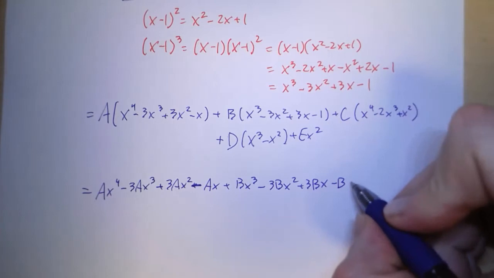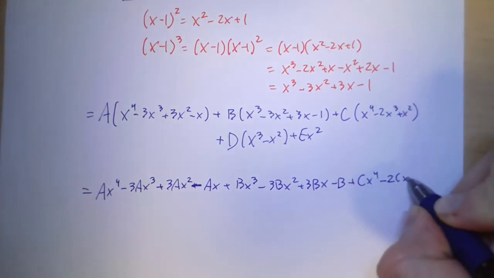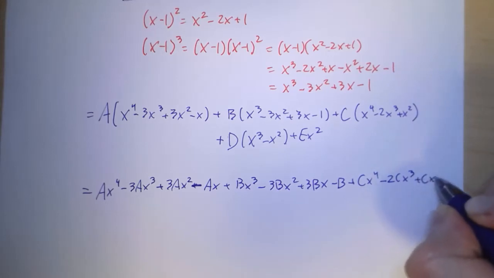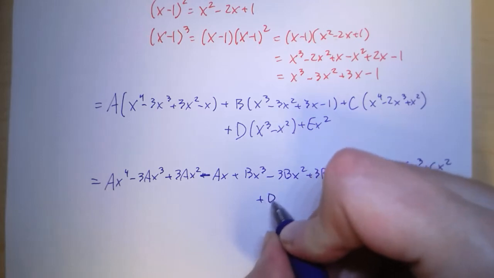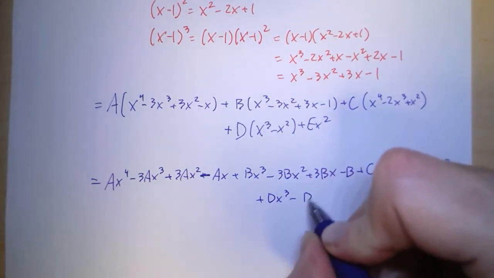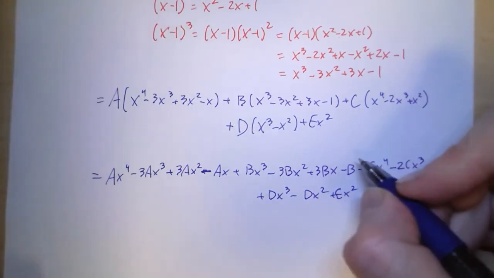Then we distribute the c: plus c x to the 4th minus 2c x cubed plus c x squared. And then for d, plus d x cubed minus d x squared, and then the final term e x squared.